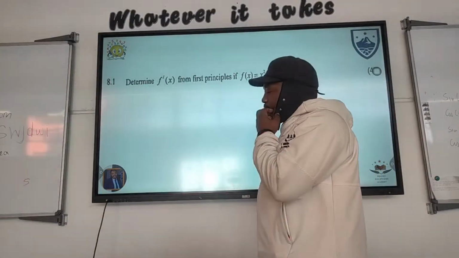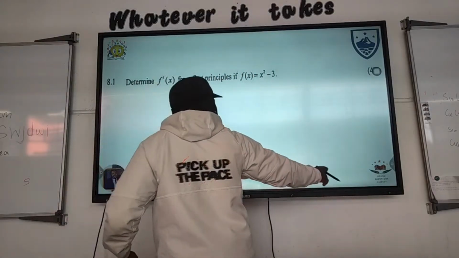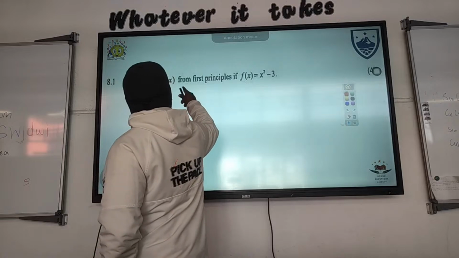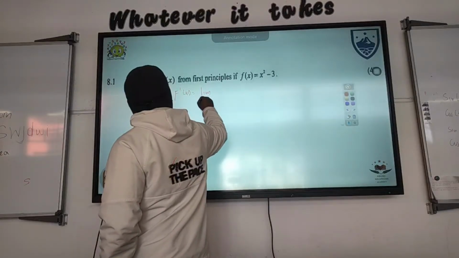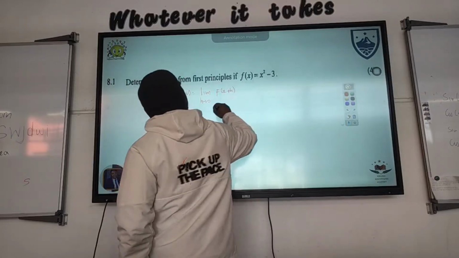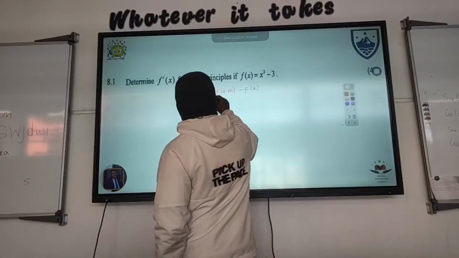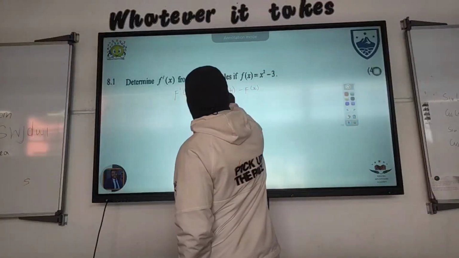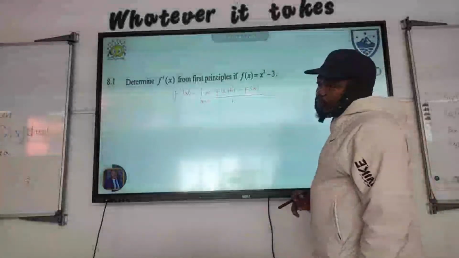Like I said, when you look at your formula sheet, we have the first derivative of f at x equals the limit when h goes to 0 of f at x plus h minus f at x, all over h. Make sure you copy this formula as it is from the formula sheet.